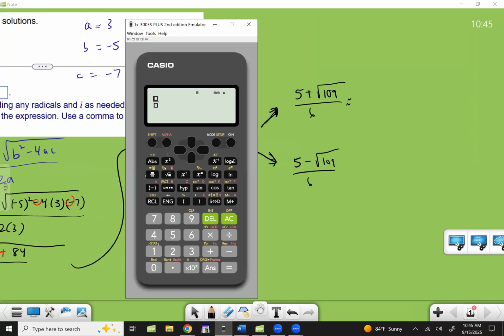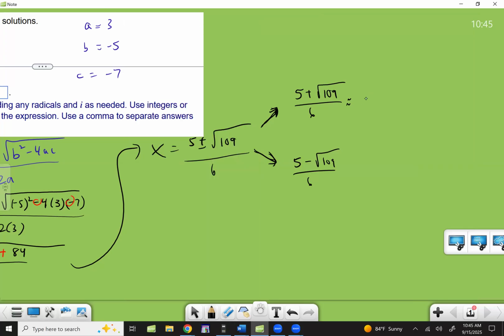So we have 5 plus the square root of 109, all over 6, and hit the S to D button right here. 2.5733. So tenths, hundredths, thousandths. Because this is a 3, we're not going to round it up. So we're going to use 2.573 as one of our answers.